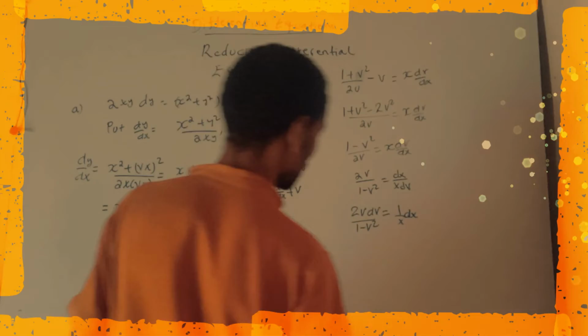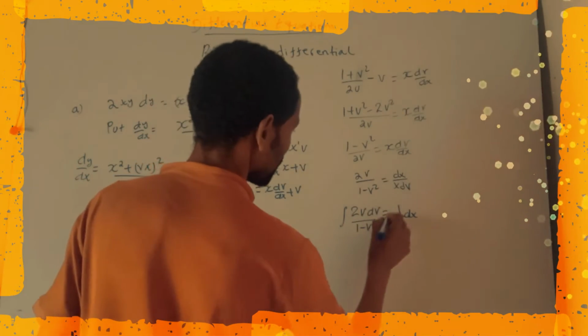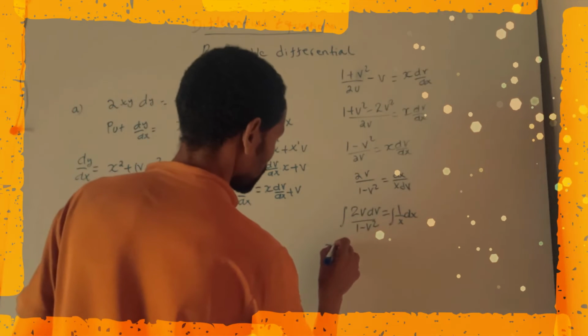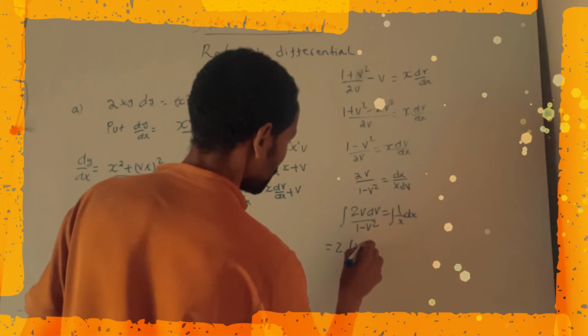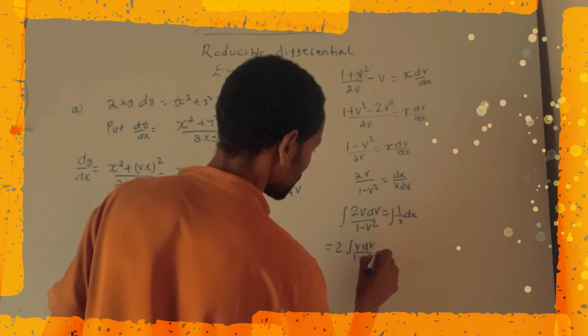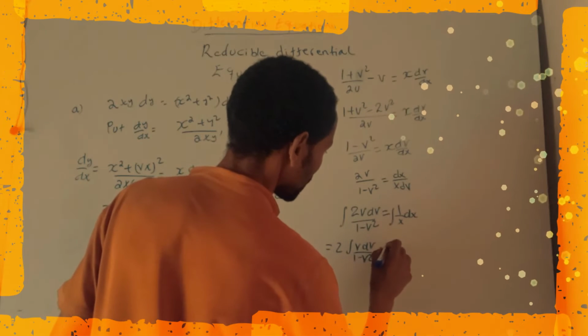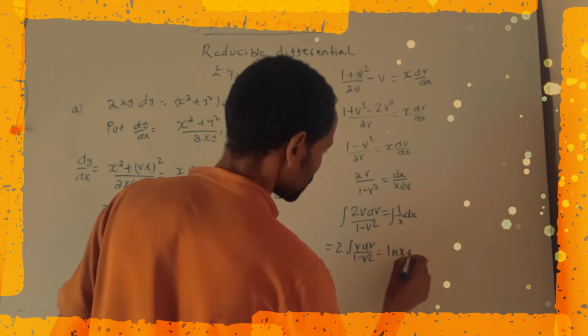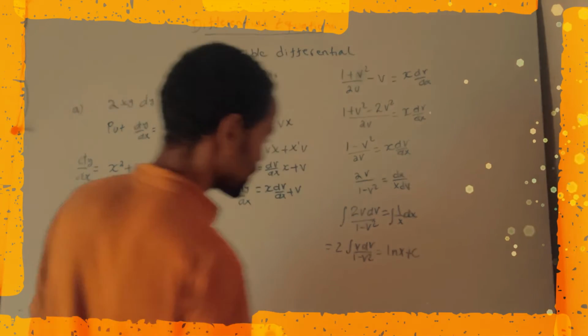Integrate both sides, very good. 2 times the integral of v dv over 1 minus v squared equals ln x, the integration of 1 over x, plus some constant c.